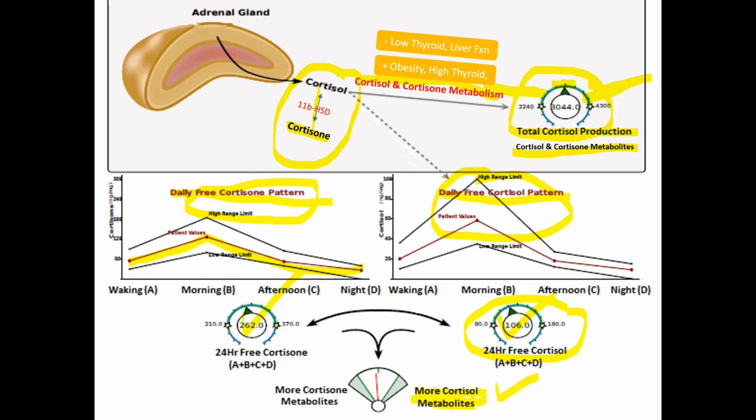So looking at the cortisol metabolites and the cortisone metabolites, whichever way this is pushing in your particular case shows which one is predominating, and that helps to shape the overall interpretation. So: free cortisol over time, total production, and then any metabolic preference that there might be.